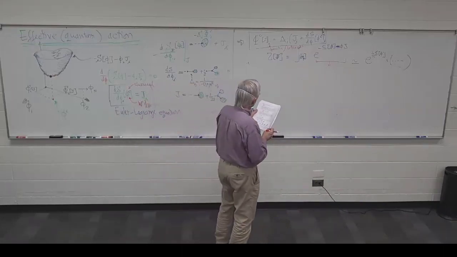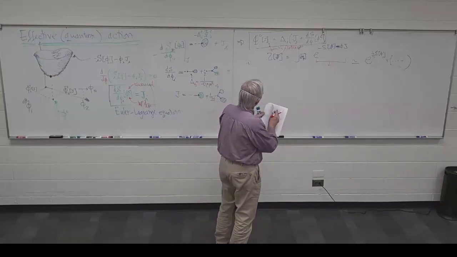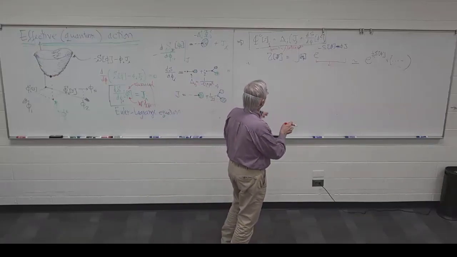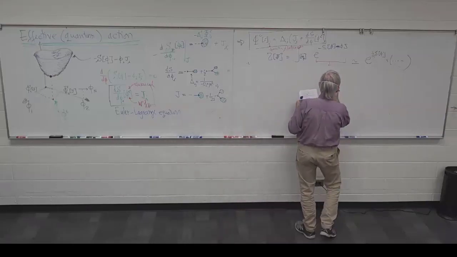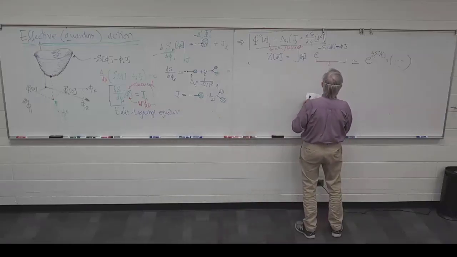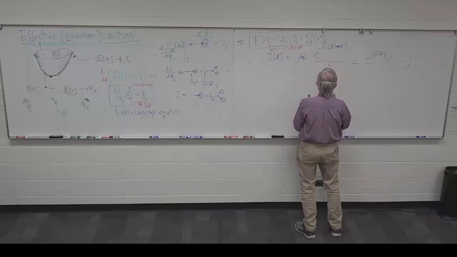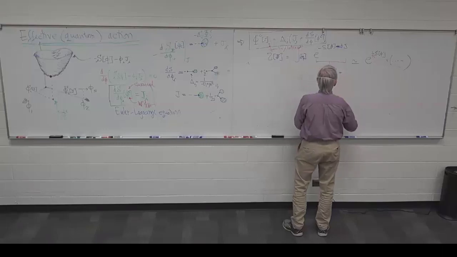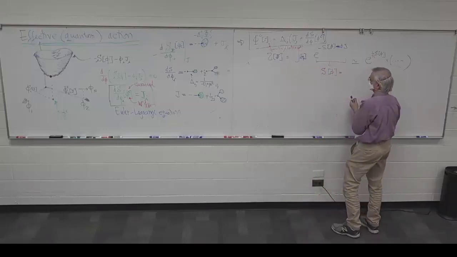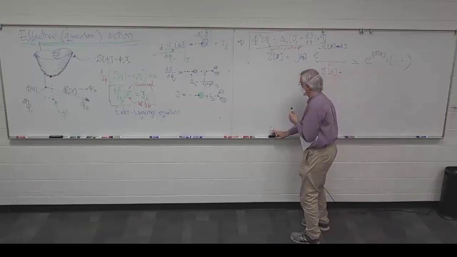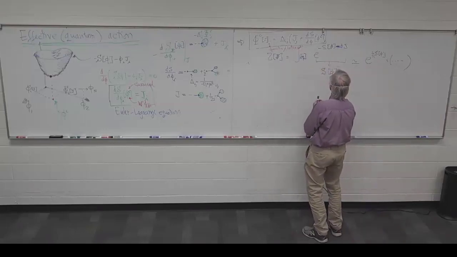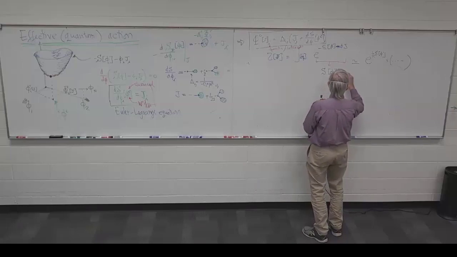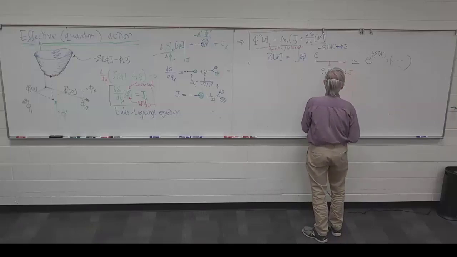And so now, knowing that we can do not just the quadratic part of this, we can decide to write the action plus this thing, plus phi dot j.